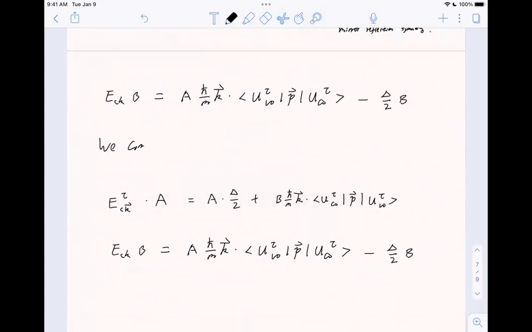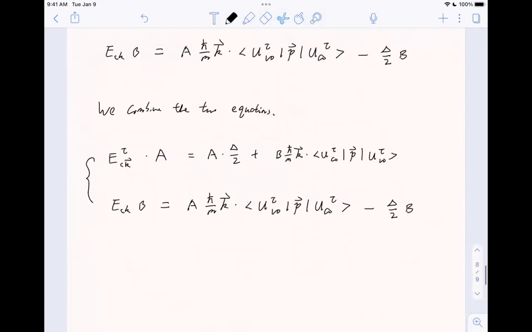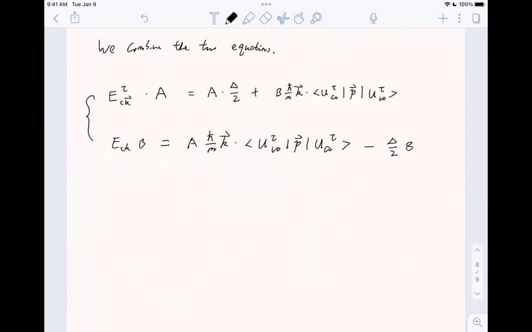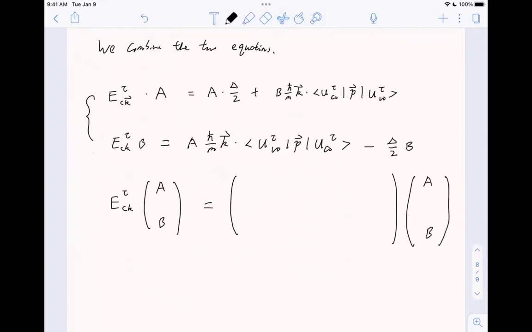We combine the two equations, so we get something like this. Okay, so we are going to make it a matrix form. So you're going to get E, C, K, and then A and B. And then this one, we're going to make it a matrix. A and B. So what is A?